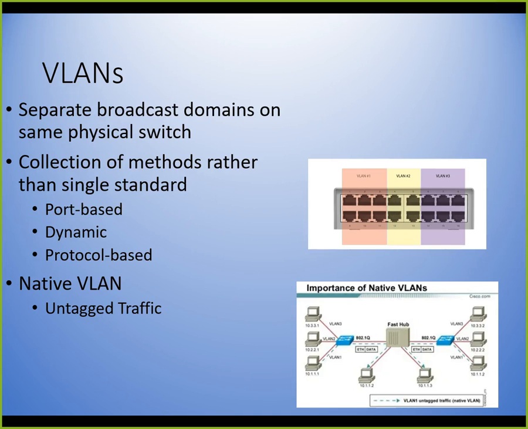The next thing is VLANs, and let me try to open a different file here to look at, because we say broadcast domains, and broadcast domains just simply mean where IP networks communicate with each other. I think this is the one that I want.